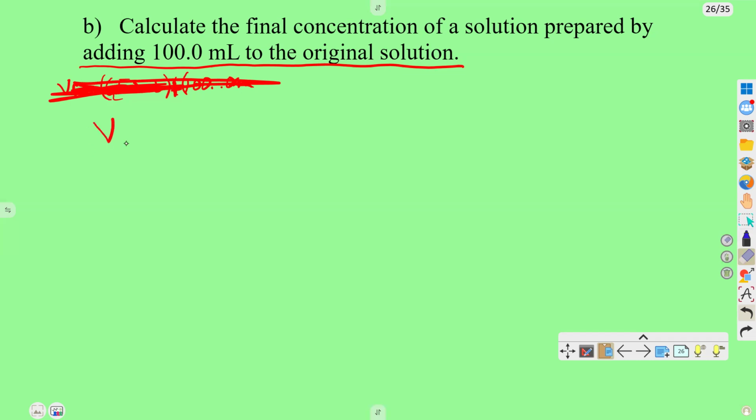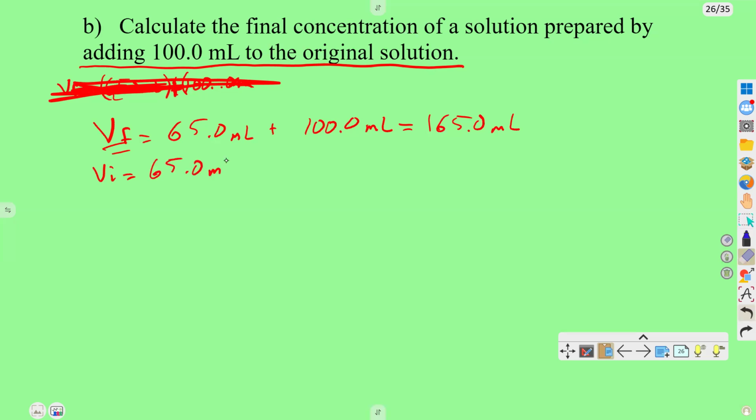Okay, so the final volume is the initial volume of 65.0 milliliters plus 100 milliliters, to give us a final volume of 165 milliliters. So that's going to be our VF. We're still going to use our VI as the 65 milliliters. The initial concentration, what was it on that side?